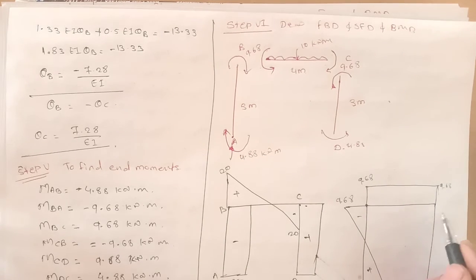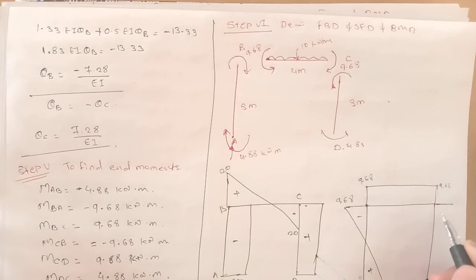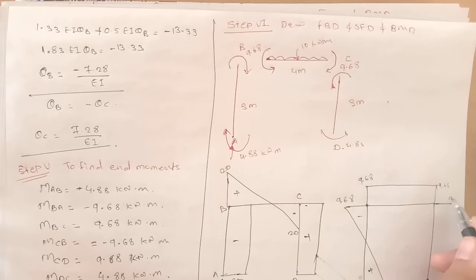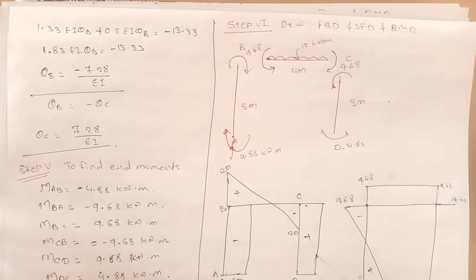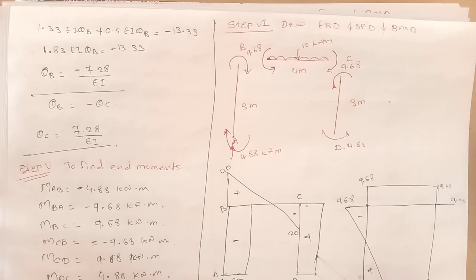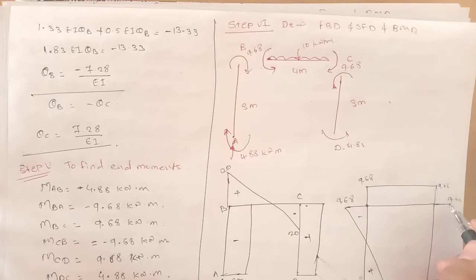And then last, the C to D member value is 9.68 and the D to C value is 4.88. So the diagram is like that, positive sign, negative sign.